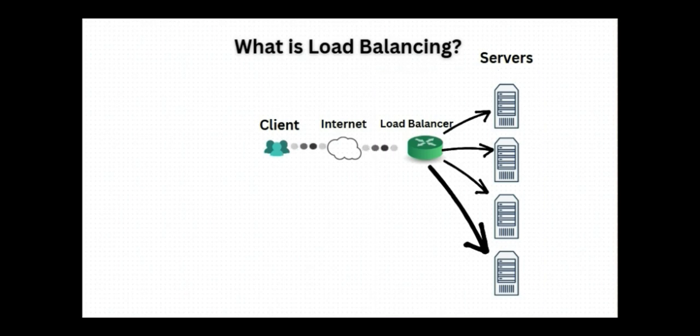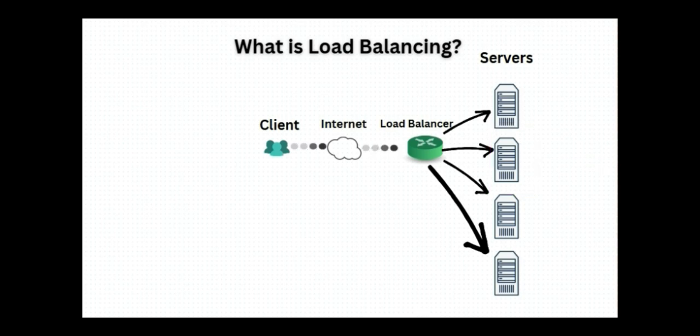How does the load balancer decide where to send those requests? The load balancer uses a dynamic load balancing technique to allocate those requests. It monitors the load on each server. For example, if application server 2 is 20% utilized, then the load balancer might send more requests to it until it reaches its capacity.